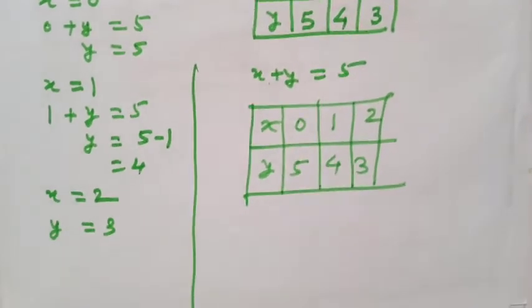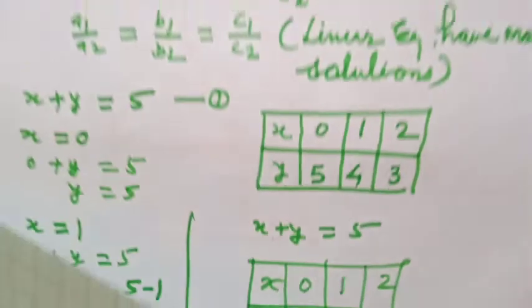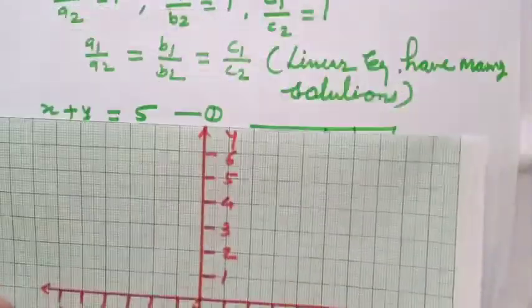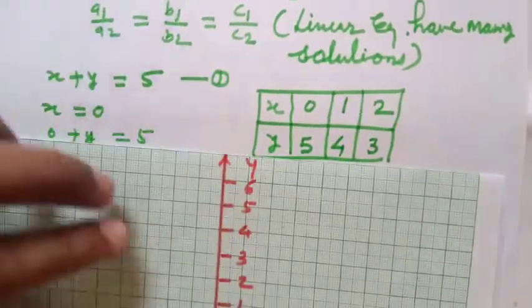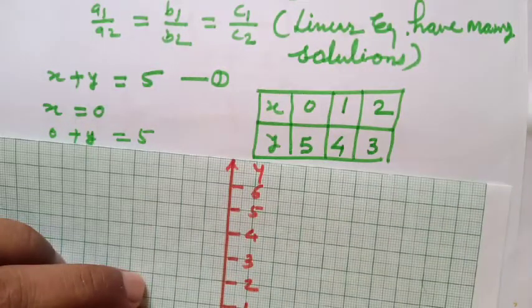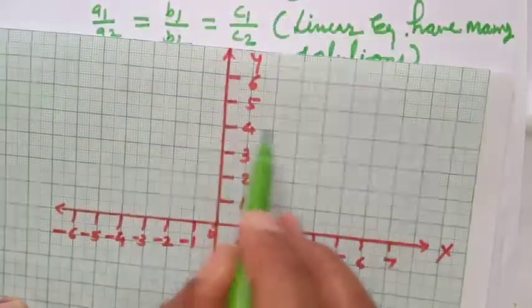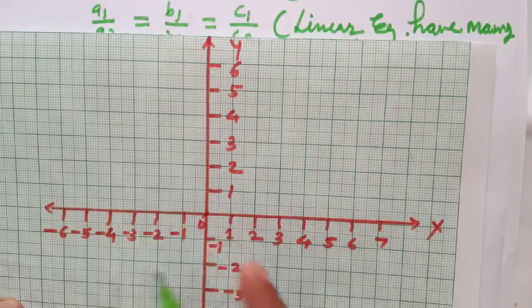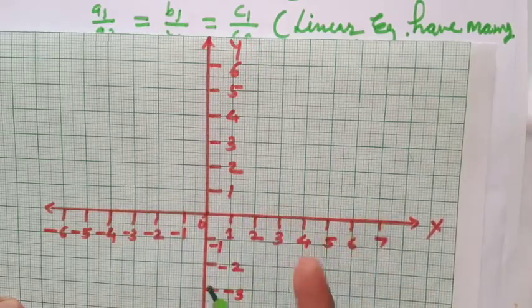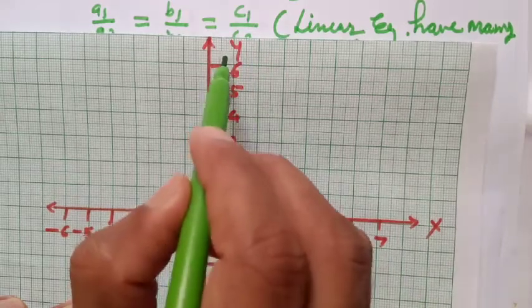Okay, so come to the graph paper and draw it for the first linear equation. For the first linear equation, this is our first table. If x is equal to 0, that is the axis, and you can say this is the Cartesian plane. You can call it the Cartesian plane, and that is the x-axis, and this is the y-axis.